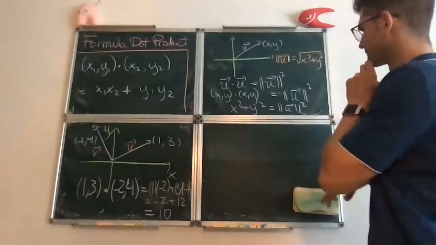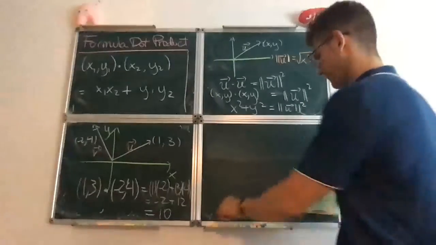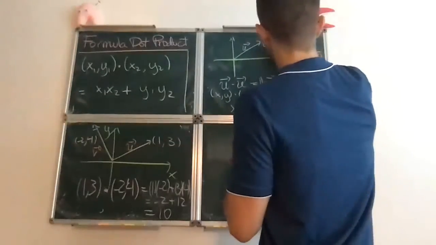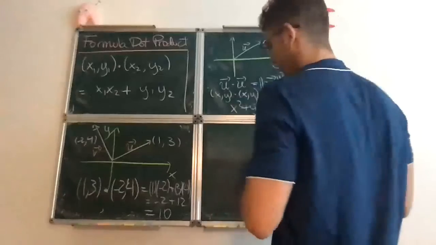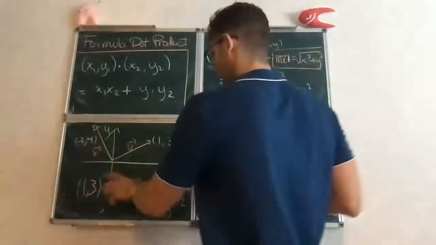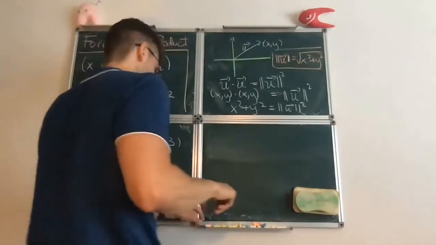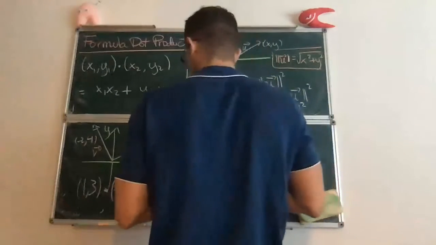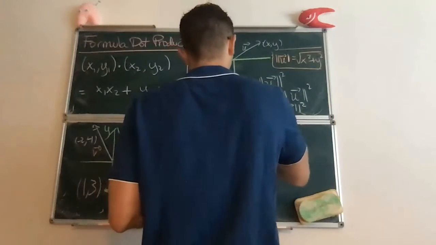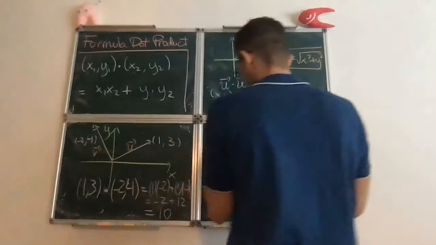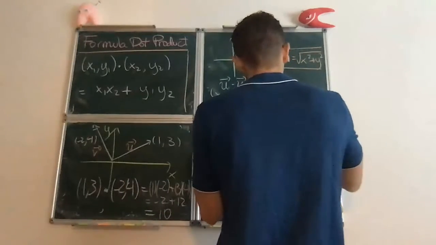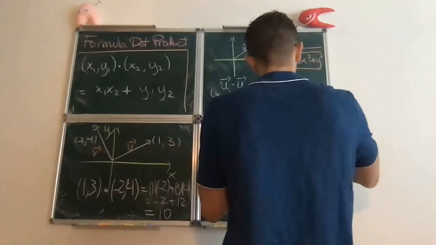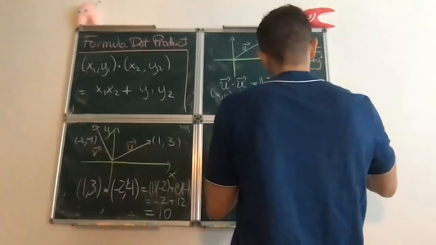And so how can we use this? Well, remember that we had this specific example, which is U dot V. The formula for the dot product is always norm of U times norm of V times cosine of the angle.